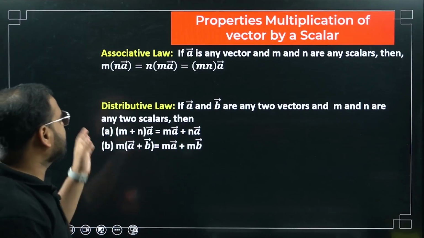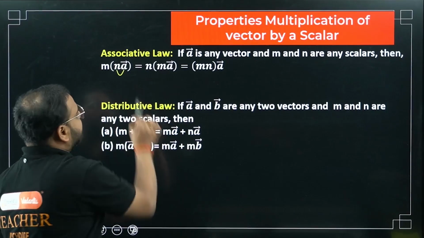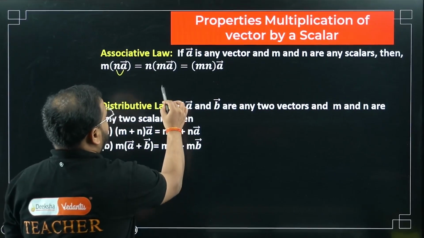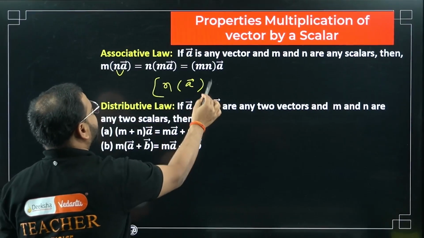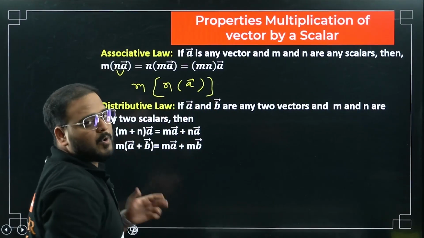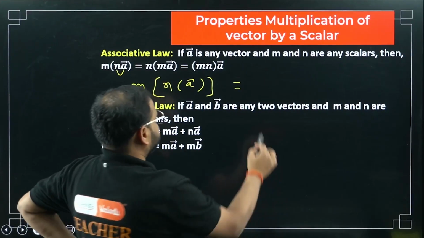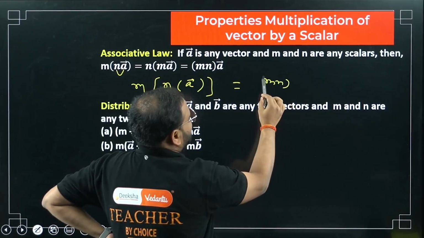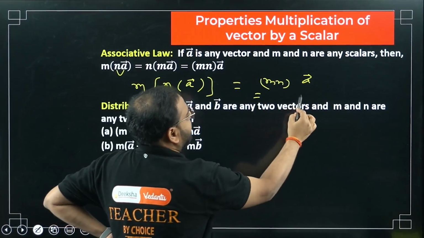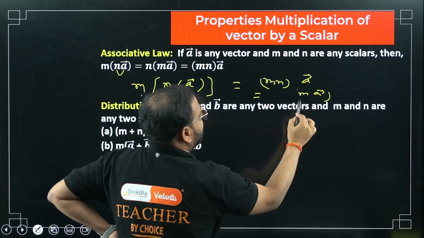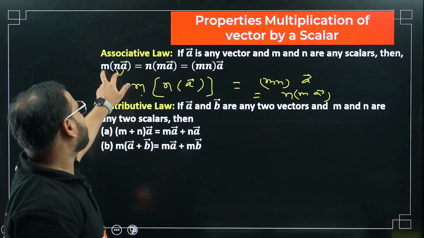The first one is the associative law. Associative law means if I multiply n to the vector a first, and then multiply the whole thing with another scalar m, or I first multiply mn together and then multiply this with the vector a, or I first multiply m with a and multiply n with the whole, the result will always remain the same, because m into n will be a scalar number, no?